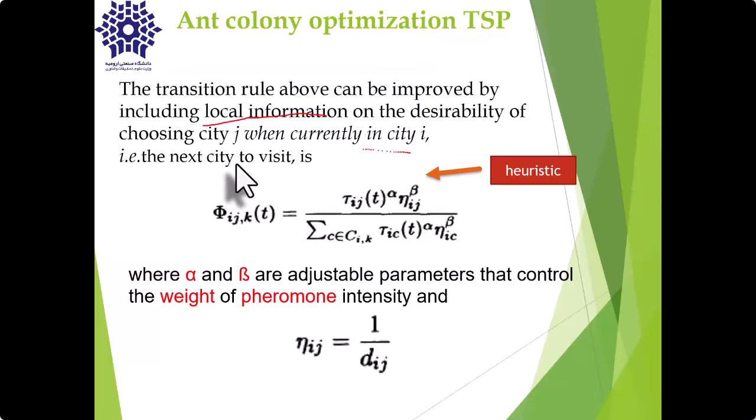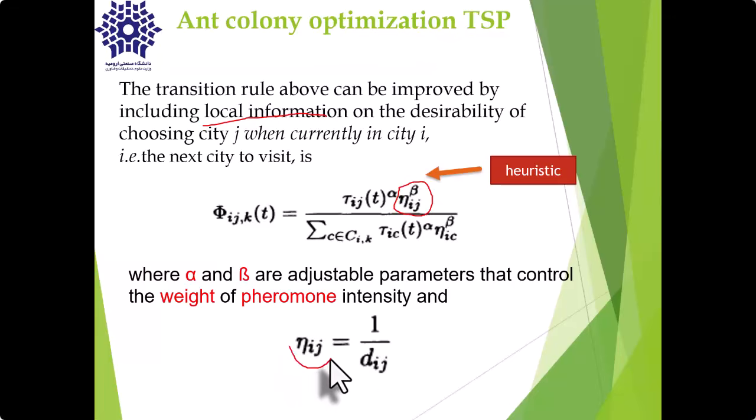So when we want to select the next visit, we add another part, eta. Eta ij to the power of beta. What is eta? It's a heuristic, where alpha and beta are adjustable parameters that control the weight of pheromone intensity and eta ij.